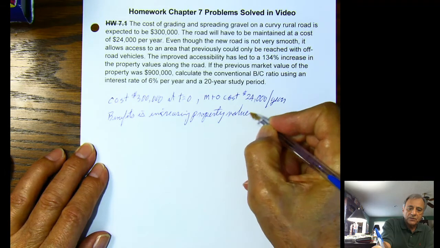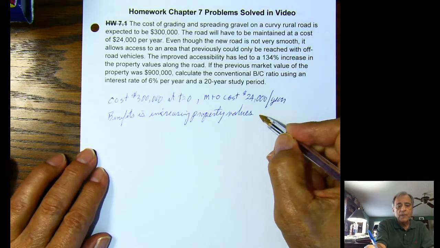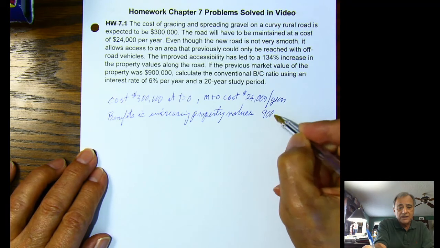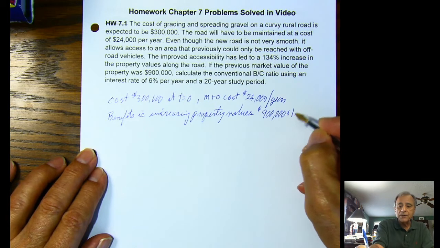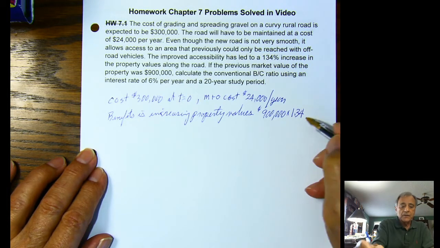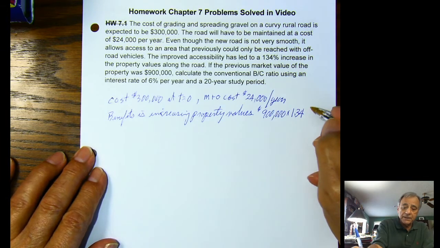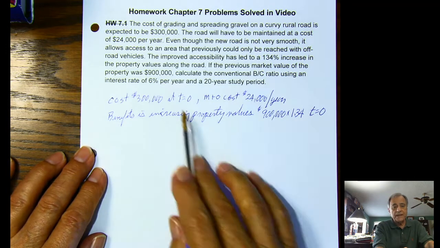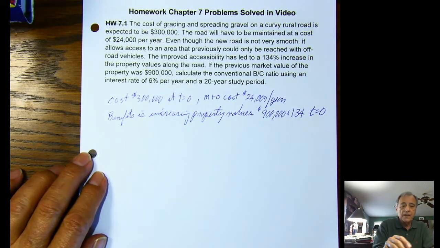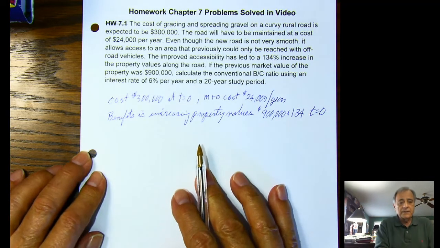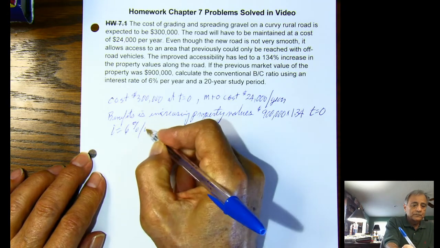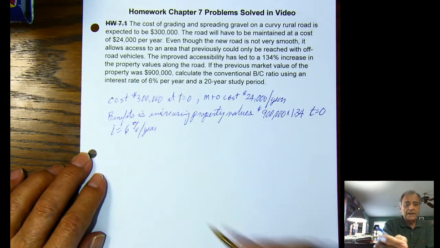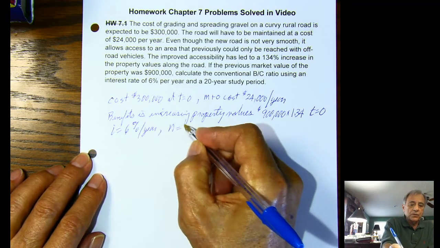In fact, there's more than one property on this road, and it's $900,000 times 1.34. So that's your benefit, and that's going to be now at t equals 0. So that's a present value, not an annual value. Then he also tells us that the interest rate i is 6% per year compounded annually, and then the N is 20 years.